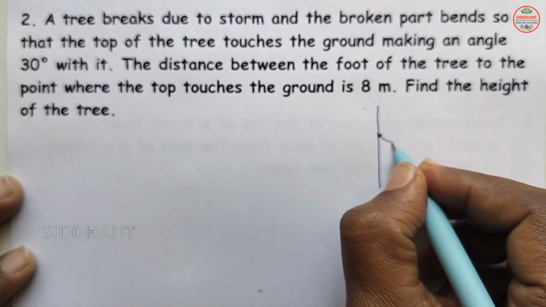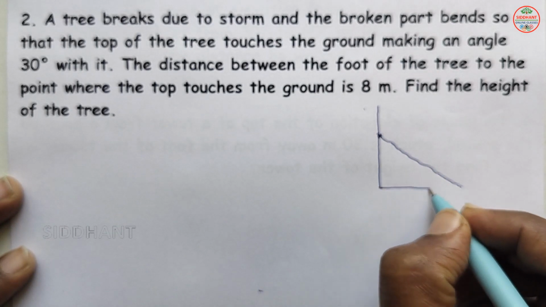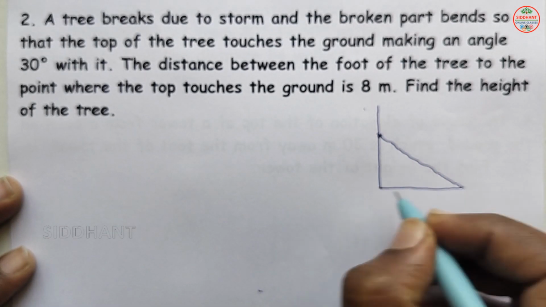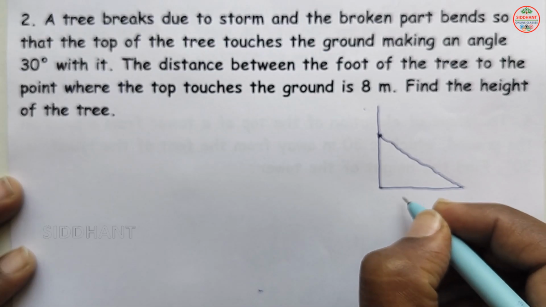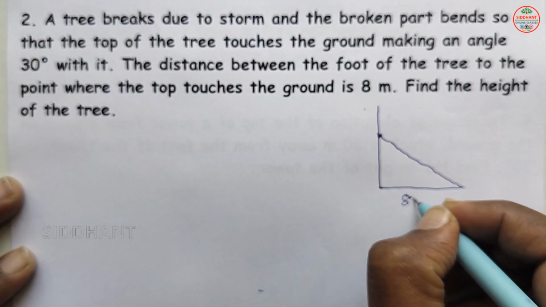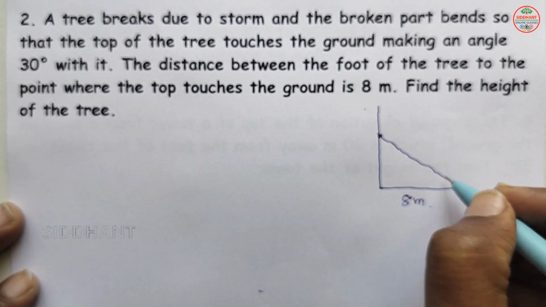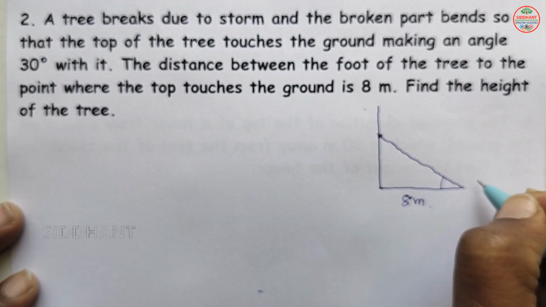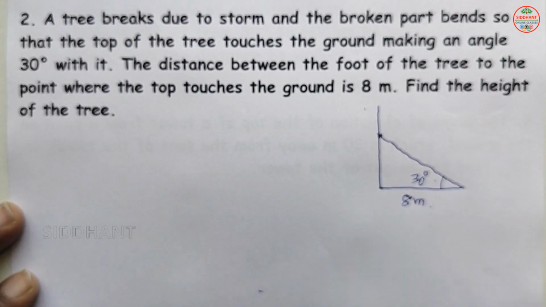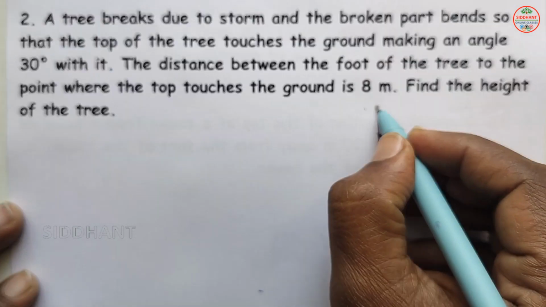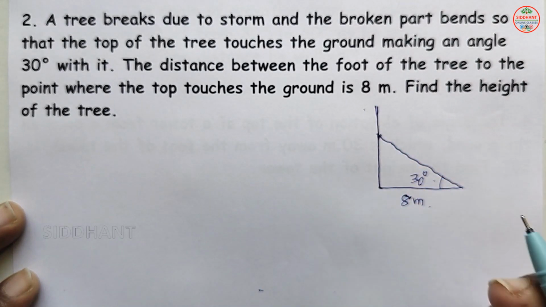The distance between this point and the foot is given as 8 meters. The angle formed here is 30 degrees. So we are going to find out the height of this tree.